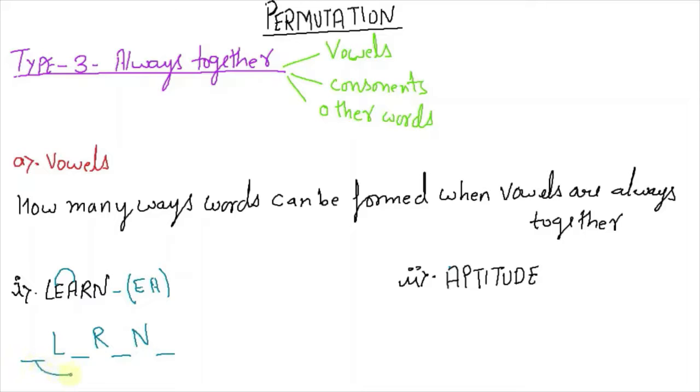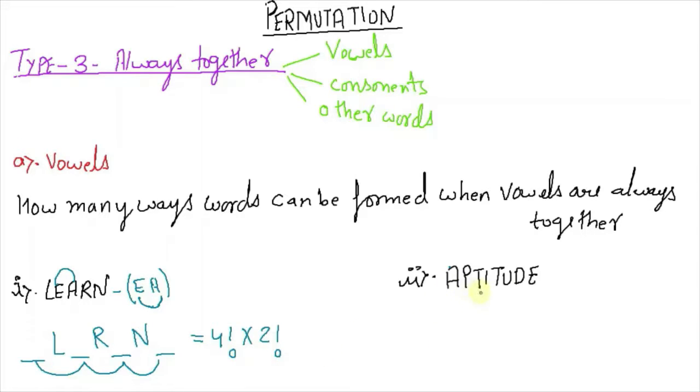So there are 4 spaces to place the two vowels. So number of ways is 4 factorial multiplied by the ways E and A can be arranged, which is 2 factorial. By solving this, you can get the answer.